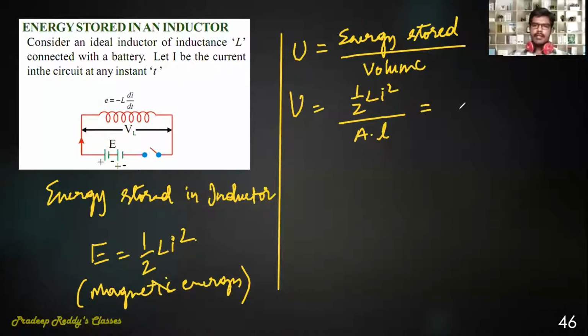This can be written as half L I square divided by A into length. Small l is the length of the conductor, and this capital L is inductance. Let me take this as equation number 1.